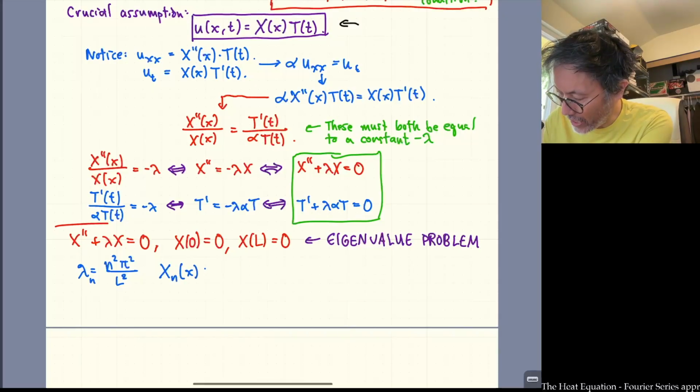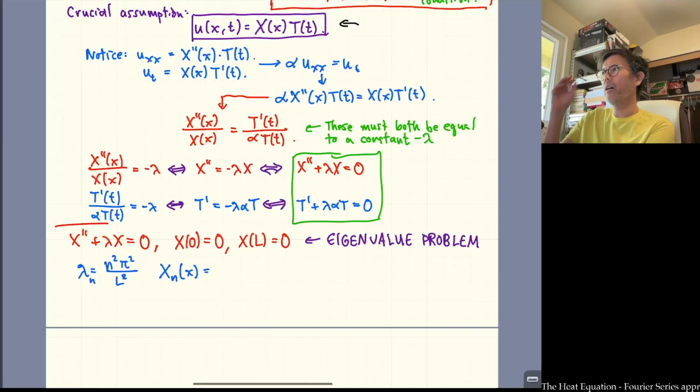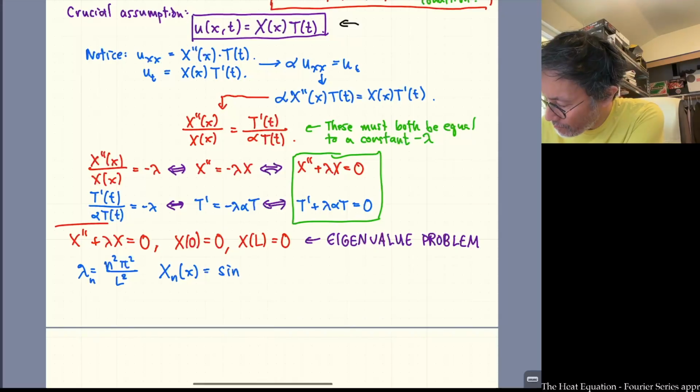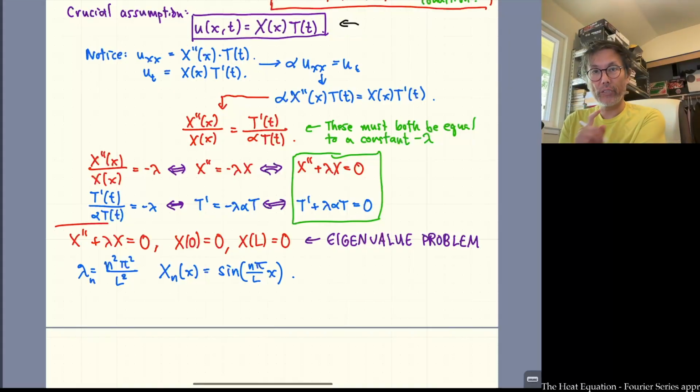These are functions of x, and these end up being given by sine of n pi over L times x. You can check this yourself. Just go back and review how to solve the eigenvalue problem. Great. This is very important.